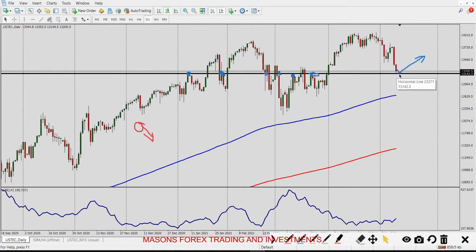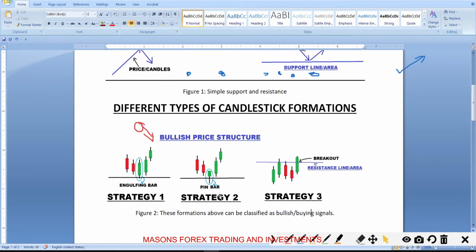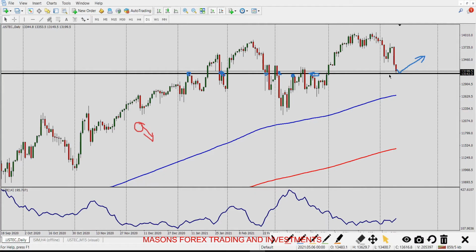So in this area or around this price level, we can actually look for an engulfing bar, a pin bar, which make up two examples in the significant area. So that would be one opportunity to enter for long.